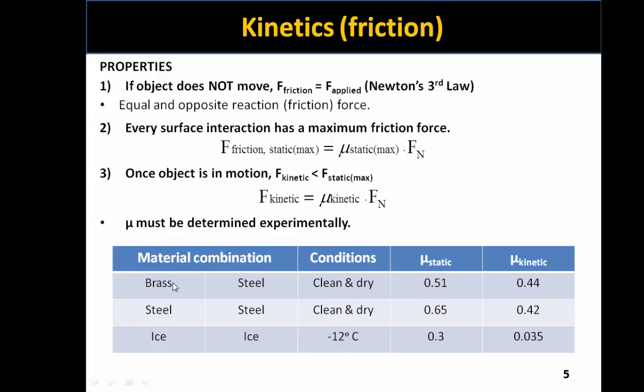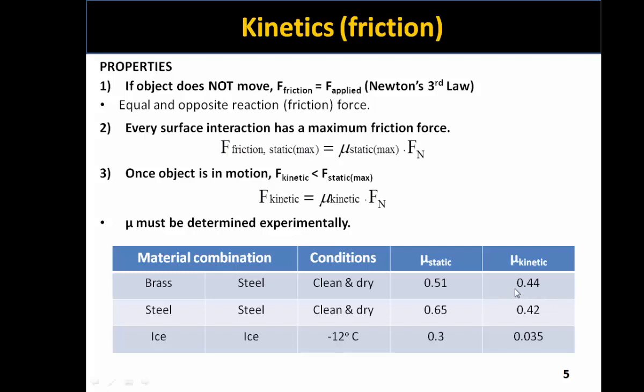So before that brass object starts to slide, its resistive force is going to be in part a function of that coefficient of 0.51. Now, if you exert enough force against that brass object that it starts to move, the resistive force preventing that sliding will decrease, in part because the coefficient will decrease.